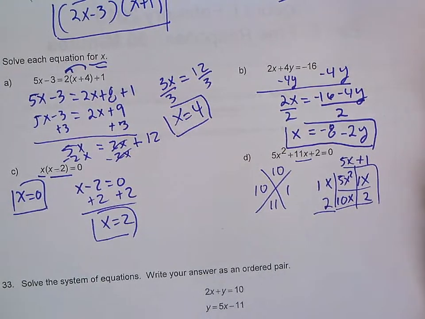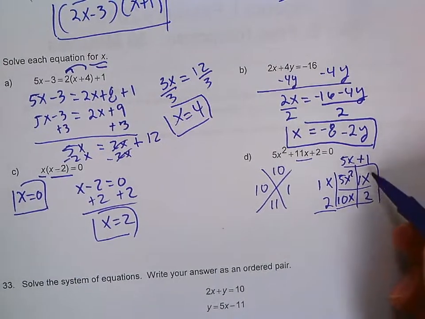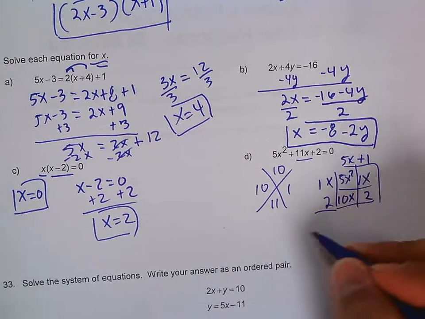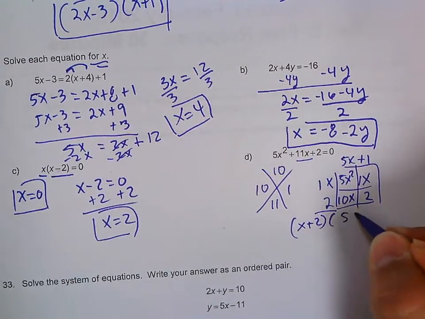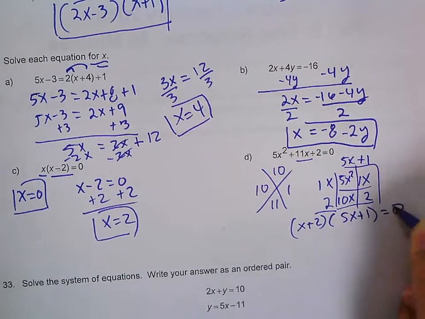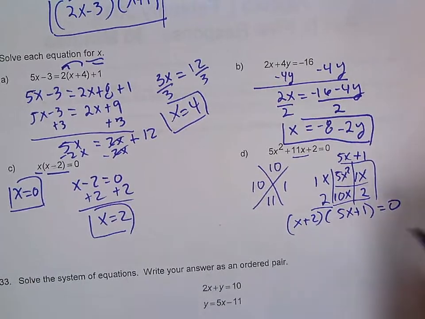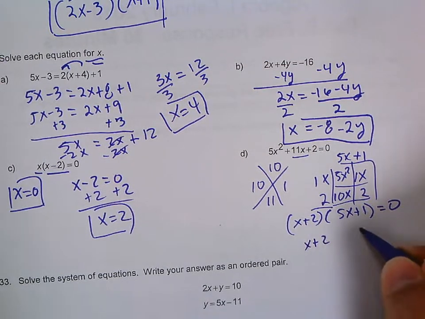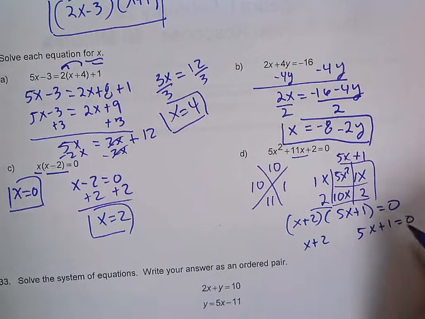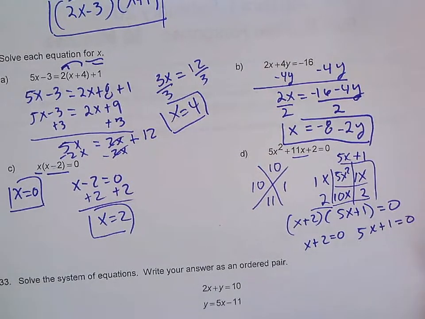So now that I found my factors, and you can check if this works, I'm going to write them equal to 0, and because of the zero product property rule, I'm going to set each of the factors equal to 0 and solve for x.